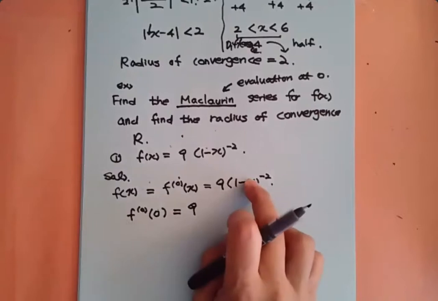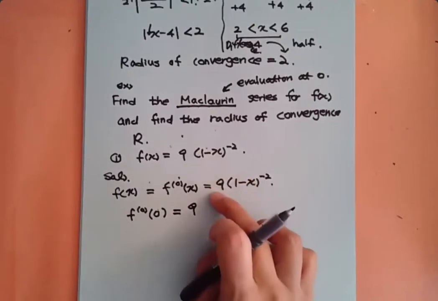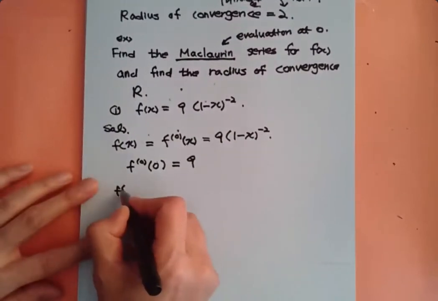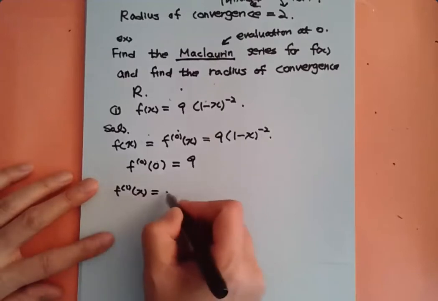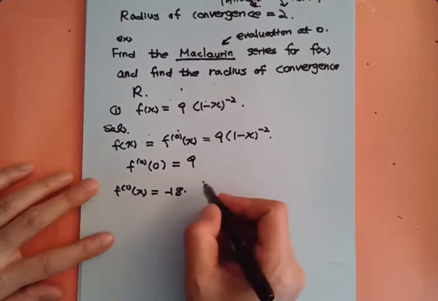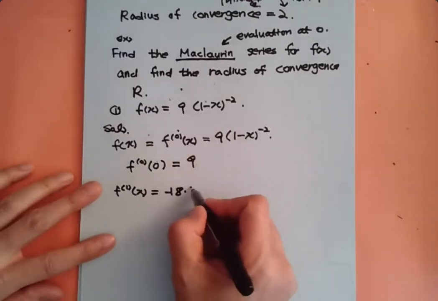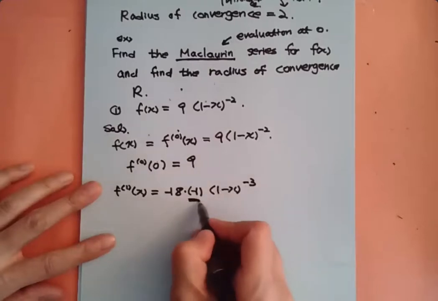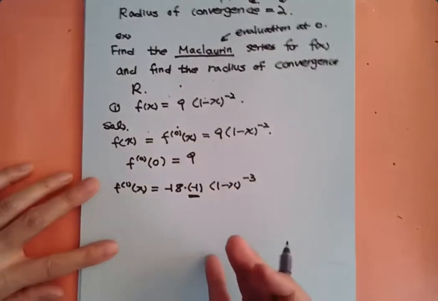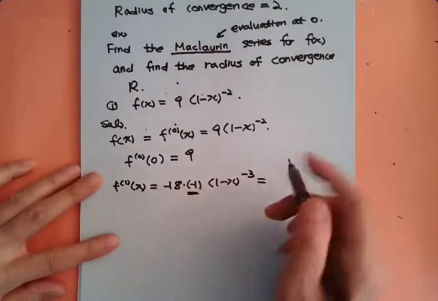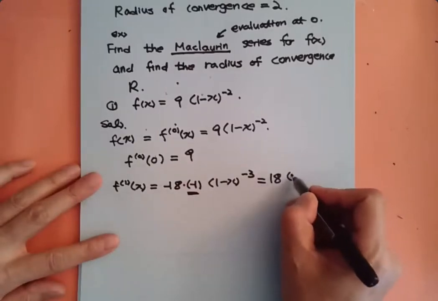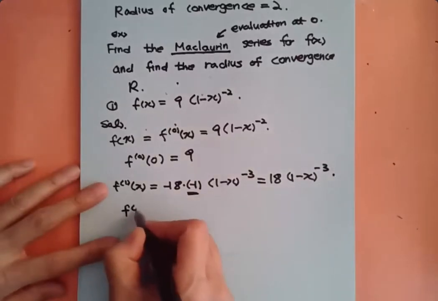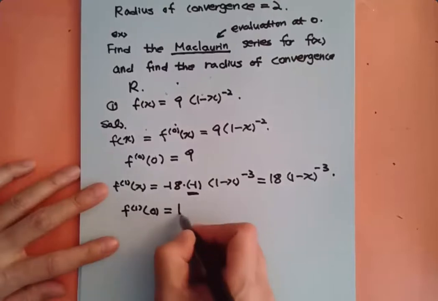If you plug in 0 here, then we have 9. The first derivative of f is negative 18 times, so we multiply the exponent, and minus 1 times 1 minus x to the negative 3 power because of the chain rule, the derivative of this one. So when we multiply the negatives, we get 18 times 1 minus x to the negative 3 power. So the first derivative at 0 equals 18.